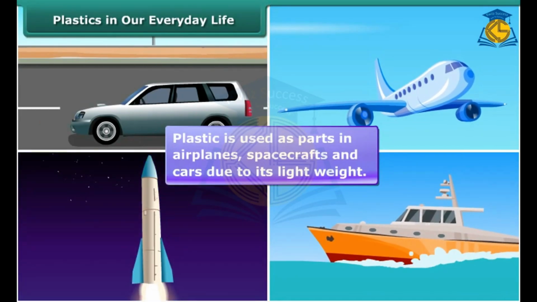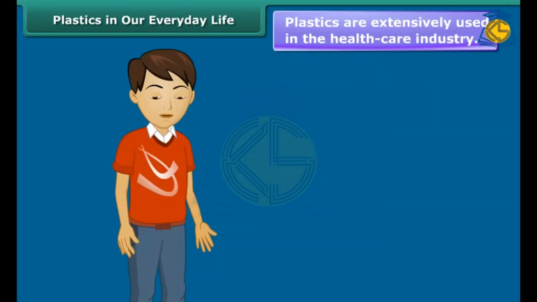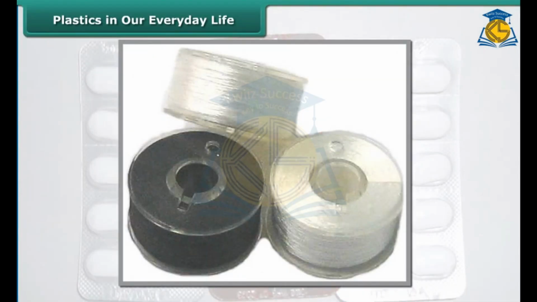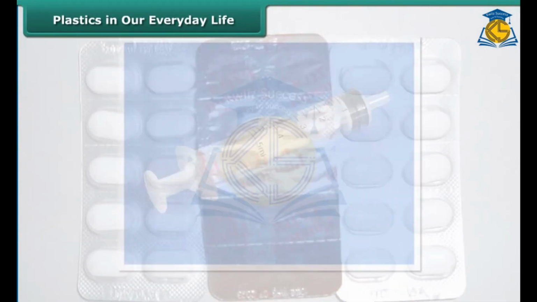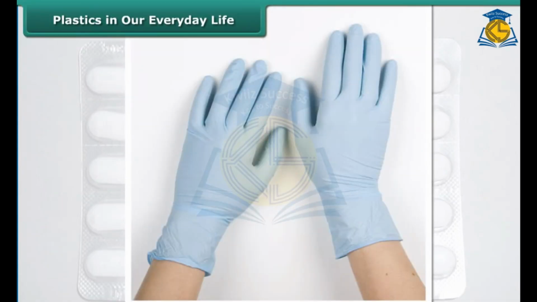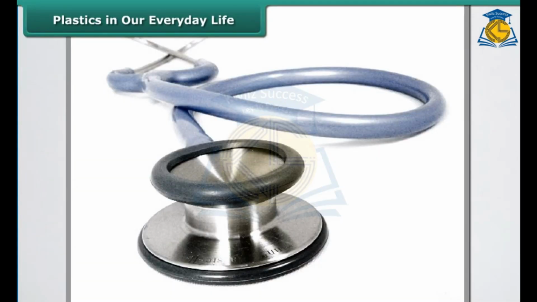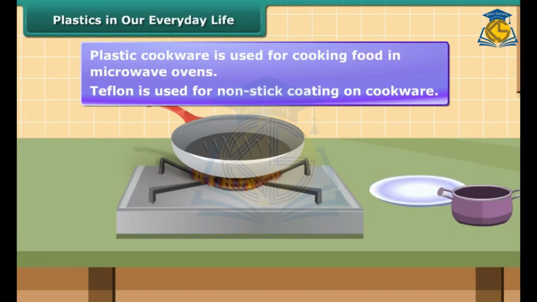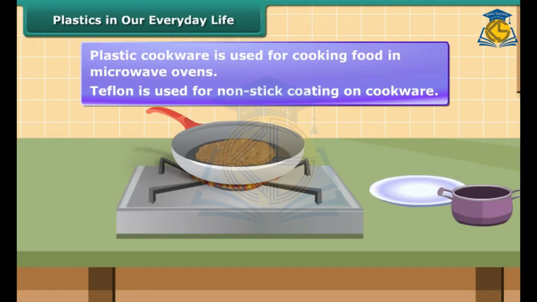These are extensively used in the healthcare industry for packaging of tablets, as threads used for stitching wounds, syringes, doctor's gloves, and a number of medical instruments. Have you ever noticed the frying pan for cooking dosa? You would have seen a black coating on it.